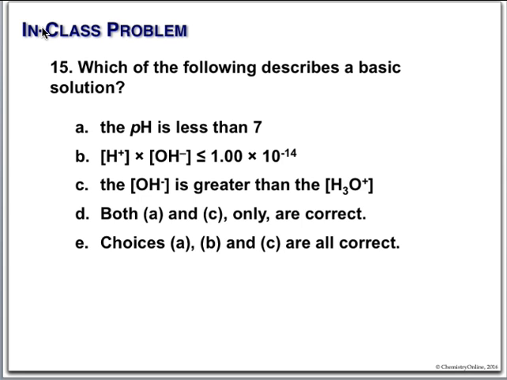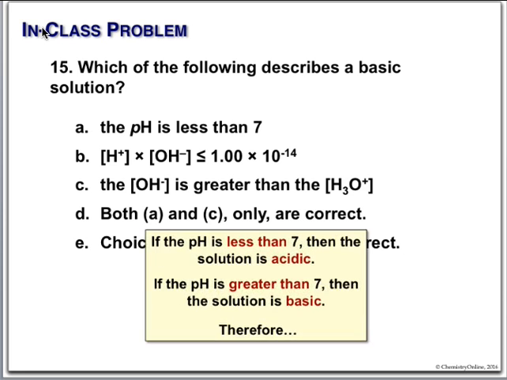Right. Hydronium times hydroxide. Well, let's just do this. Remember, pH is less than 7, it's acidic. If it's greater than 7, it's basic. That's a very fundamental thing. You can even write that one on your card. Small, very small. Too many words.